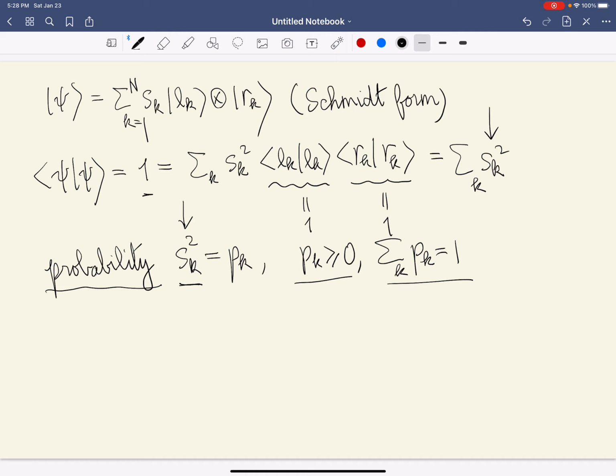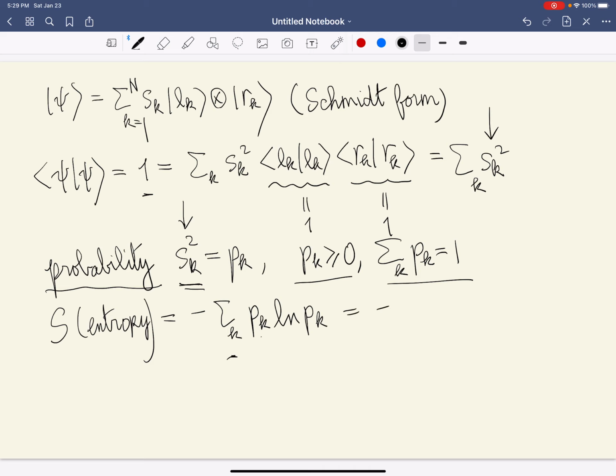Now, one of the ways in which this probability interpretation can be made more formal is by defining a quantity which both in information theory and also in statistical physics is called the entropy, which is the probability multiplied by the log of the probability summed over all possible events.